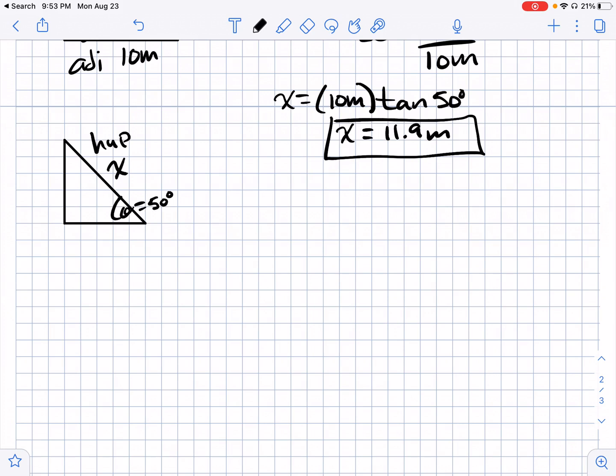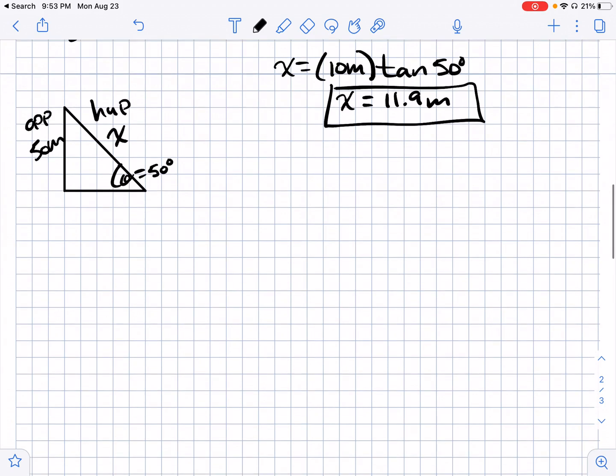And let's say this side here is 50 meters. So if I was to label that side, it's opposite my 50-degree angle. So I'll write opposite up here. So we need a trig function that is opposite and hypotenuse. So, right, SOH, that's opposite and hypotenuse. So we're going to use that sine function.